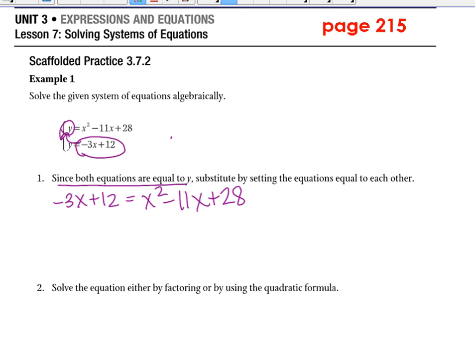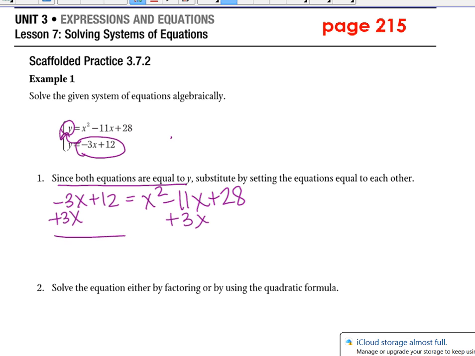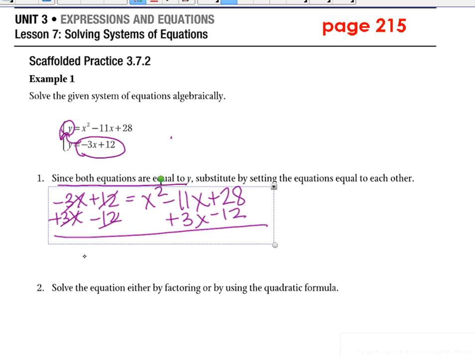You need to get everything to one side and solve. So I'm going to add 3x over, right, because one side has to be 0, and subtract 12, and you're going to get 0 equals x squared minus 8x plus 16. 28 minus 12 is a positive 16.